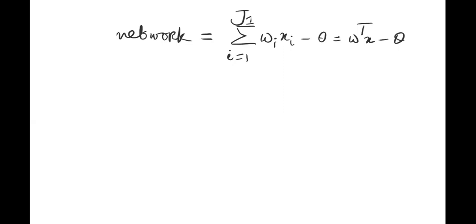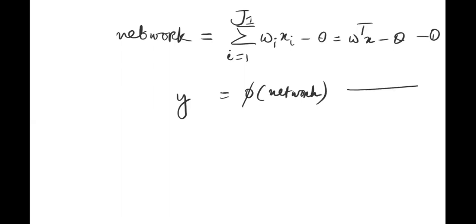And then you have your Y. So essentially this is your first equation, and then you pass the network into your activation function, and that becomes your output.